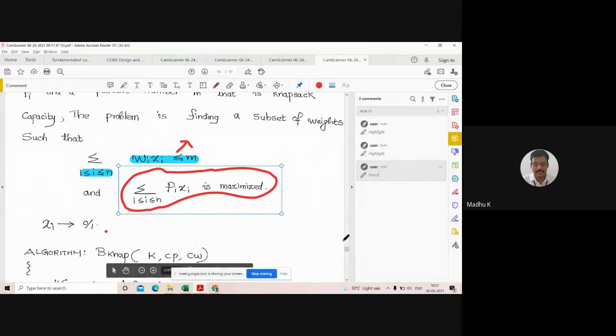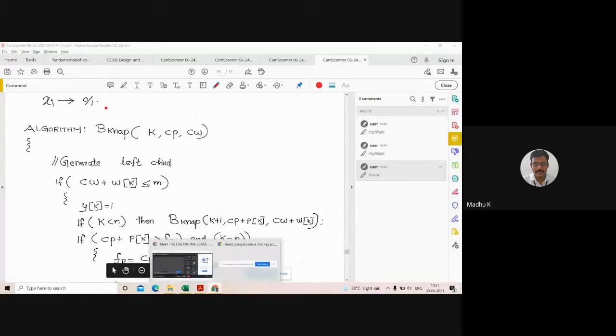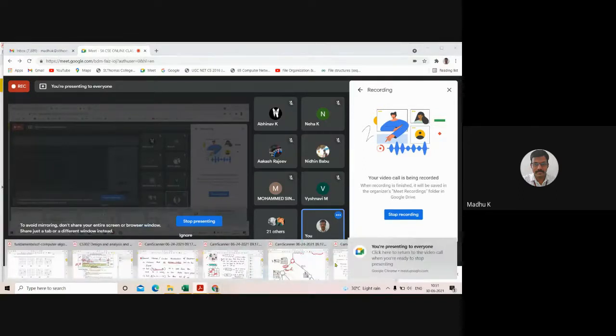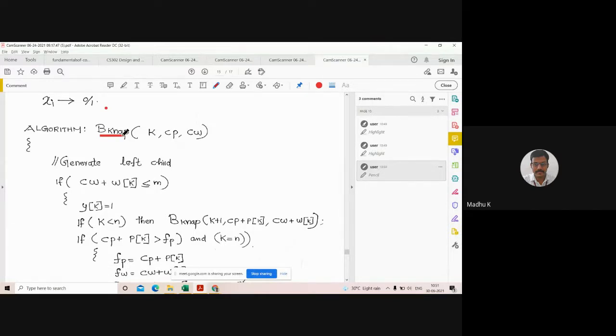So first we want to familiarize ourselves with the algorithm. This is also a recursive algorithm, BKnap. BKnap is the main algorithm, and it takes 3 parameters: k, cp, cw.